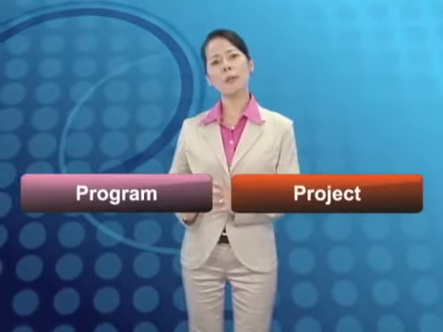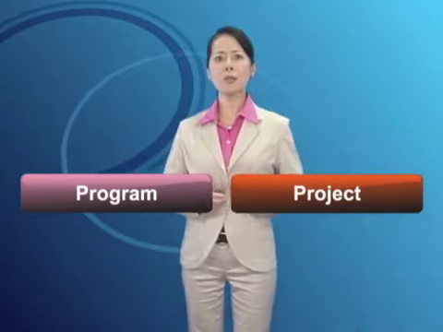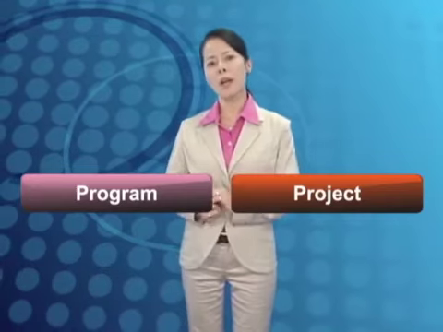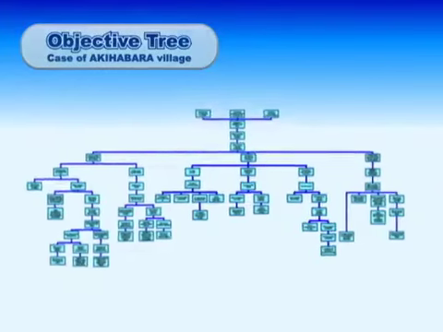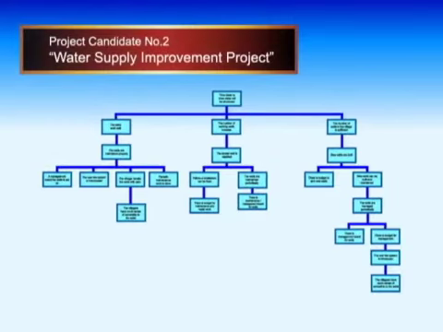First of all, do you remember the difference between a project and a program? Let us have a look at the objectives analysis tree to confirm the difference. In the case of Akihabara village, the project candidate number 2, Water Supply Improvement Project, was selected in the project selection stage.